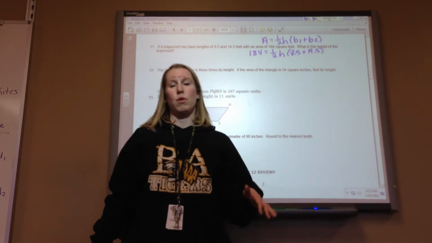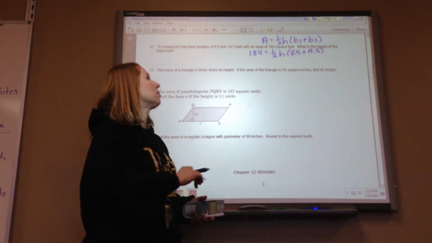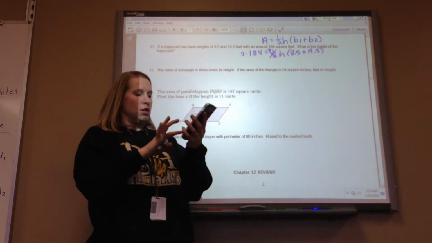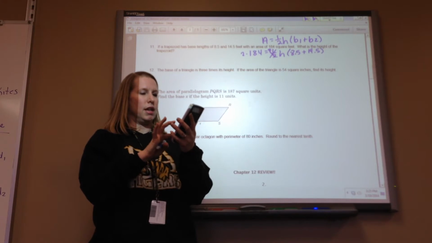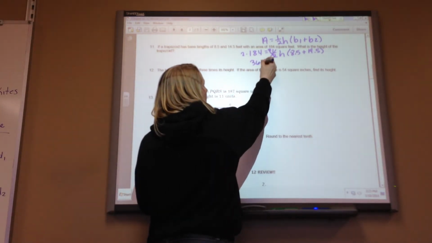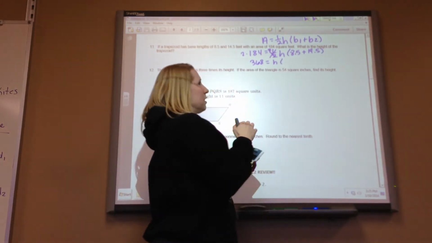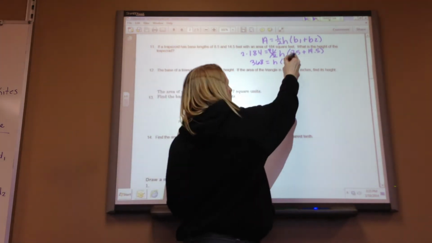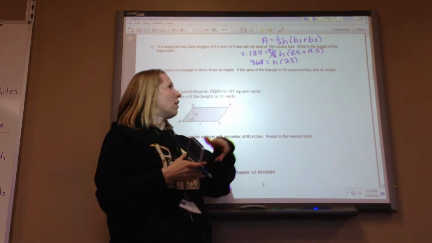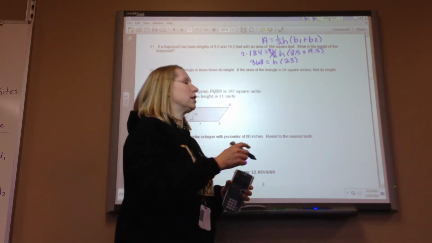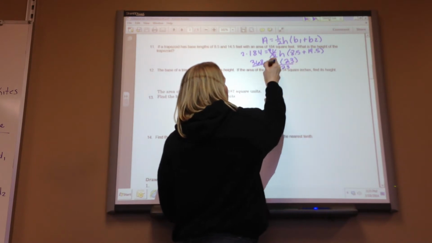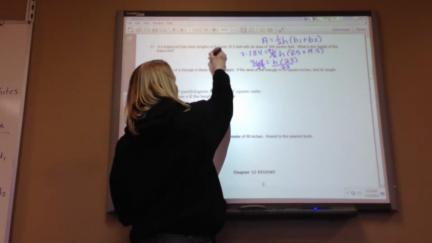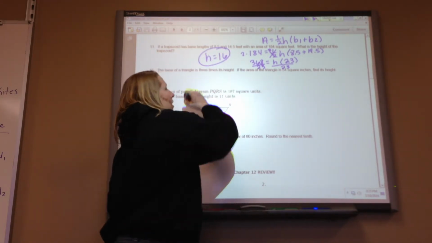I personally don't like the 1/2, so I'm going to get rid of the 1/2 first by multiplying both sides by 2. So these cancel. 2 times 184 is 368 equals h times, and then 8.5 plus 14.5 is 23. Then to solve for h, we would just divide both sides by 23. So 368 divided by 23 is 16. The height would be 16.